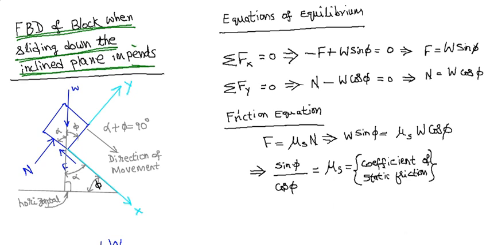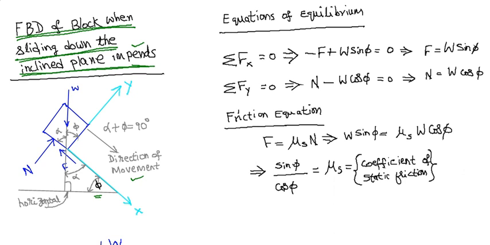Impend means when this angle is slightly less than phi, the movement of the block down the inclined plane does not occur. If this angle of inclination is slightly more than phi, motion occurs. We note that the direction of movement is as indicated here, going down the inclined plane.